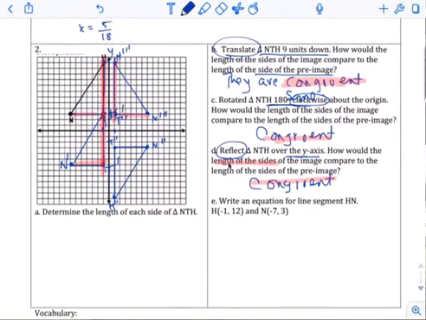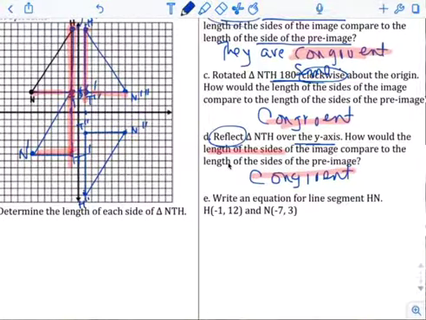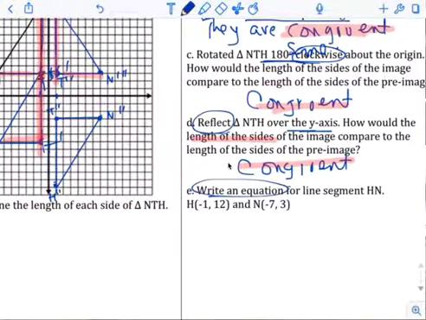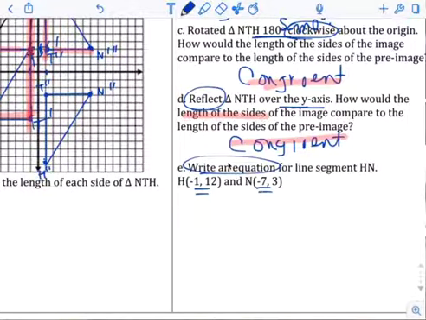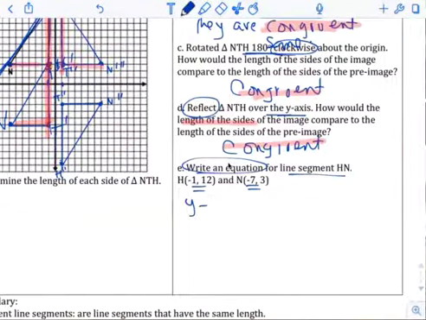Write an equation for the line segment. Oh, I don't think we'll do this. NH. Okay, write an equation for it. Oh, I gave you the coordinates already. NH. So N to H, we want to write an equation for that line right there. Use y minus y1 equals m times x minus x1, right?